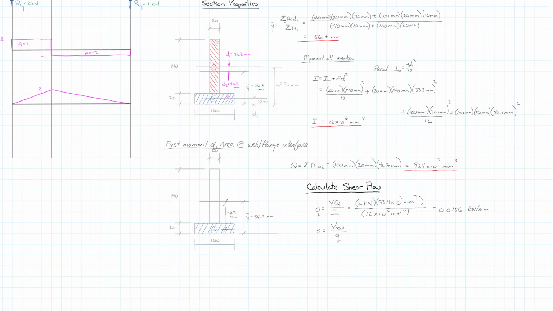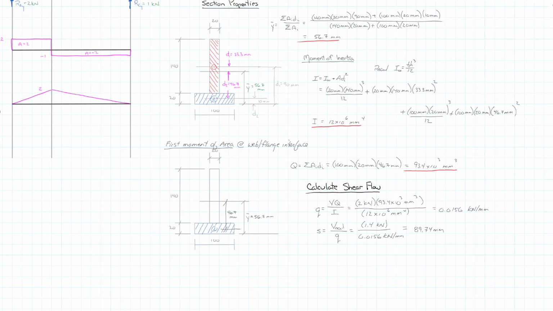And so we get 1.4 kilonewtons, which was given in the problem as the capacity of each nail, divided by 0.0156 kilonewtons per millimeter. And we realize that we can get a spacing of 89.74 millimeters between nails and still have the nails do okay.